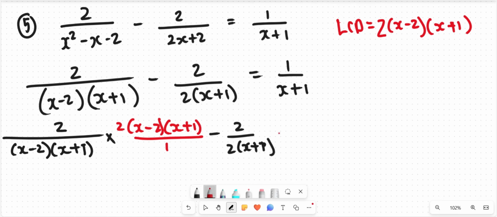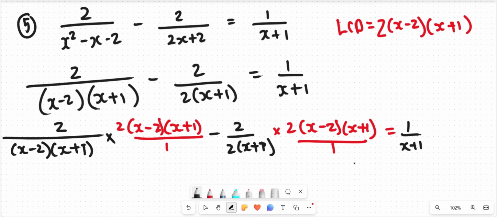Second fraction times the LCD. Right? And last fraction times the LCD. I'm just going to write it underneath there because I'm running out of space, but I do need to know that it's at the top. So this is all divided by 1.